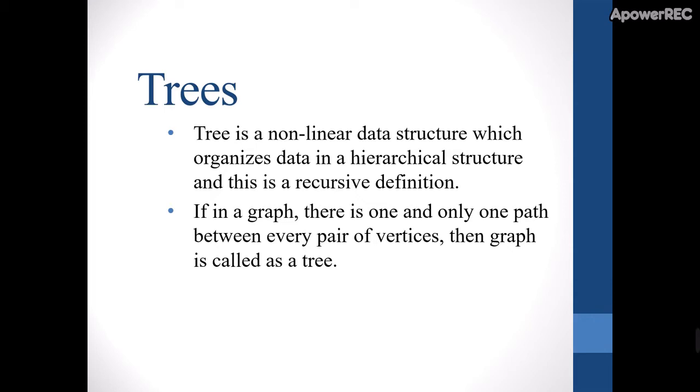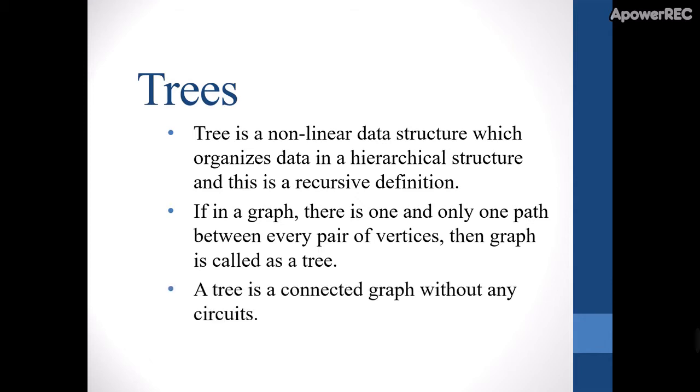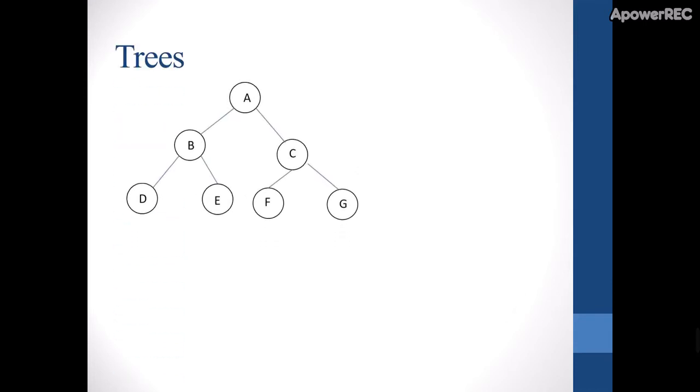Another property of a tree is that there should be no circuit formed in that graph. We have seen in graphs that if a circuit is formed, it will be a graph. Next, some properties. So this is the example.